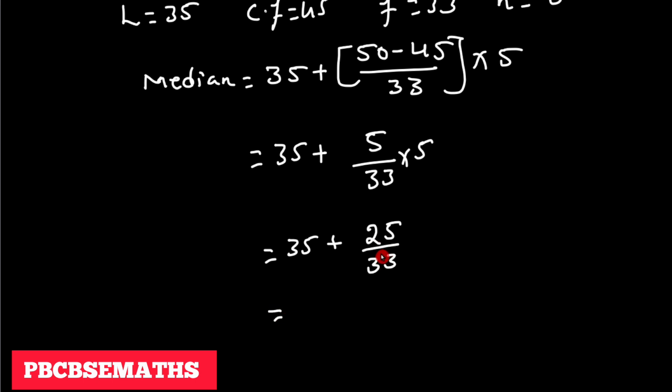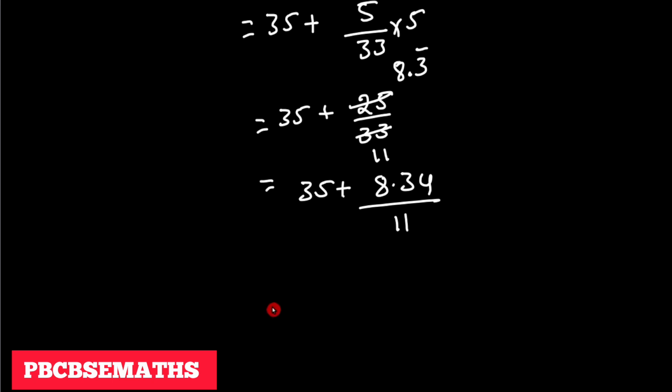Now let's simplify this 25 by 33. For that, let's write this as 3 elevens are, and here we will write 3 eights are 24. Then 1 remains, that becomes 10. 3 threes are, and this 3 continues. So we will write this as 8.34 approx. So we will write 35 plus 8.34 divided by 11.